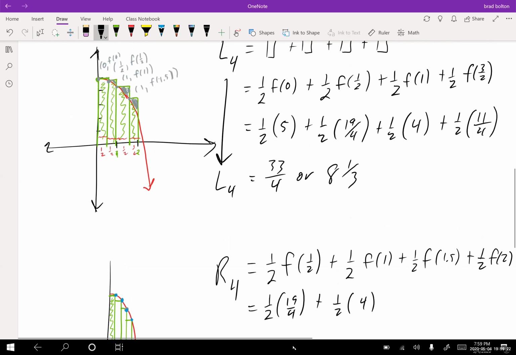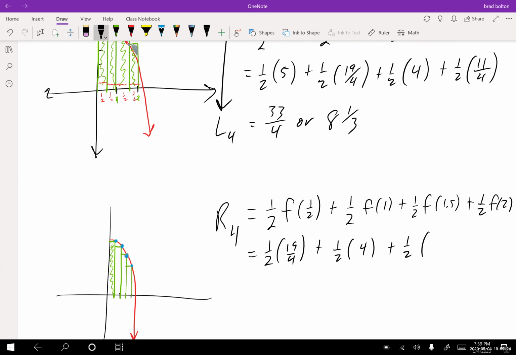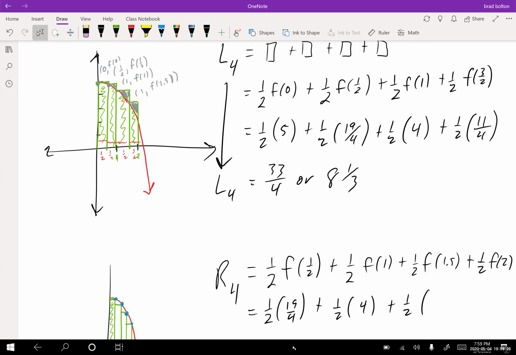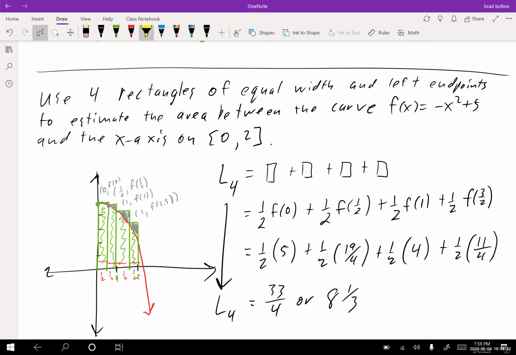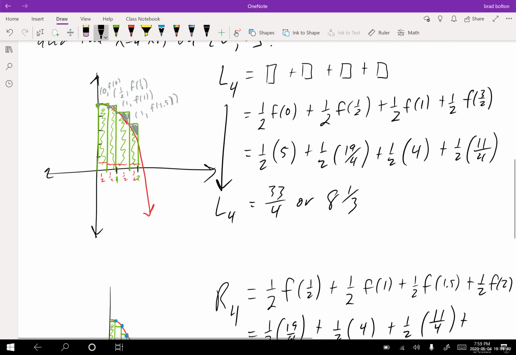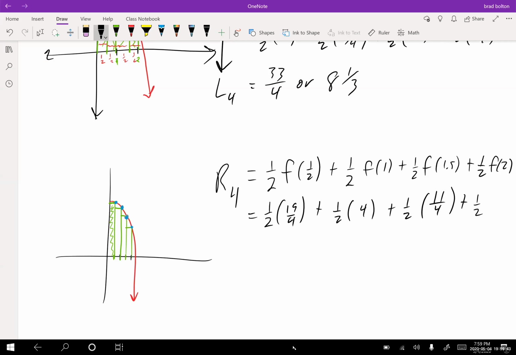The next one's plus 1/2 times, I said I got 11/4. And then the next one, we just put 2 in. So 2 squared is 4 with a negative. So we should get 1, okay? Because -4 plus 5 would be 1. So we'll have 1/2 times 1, okay?